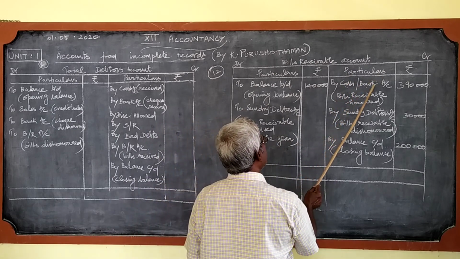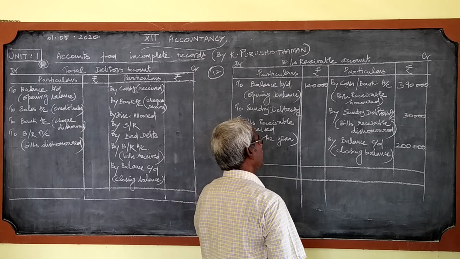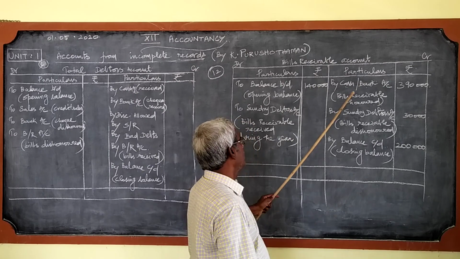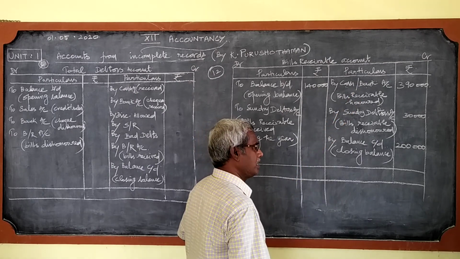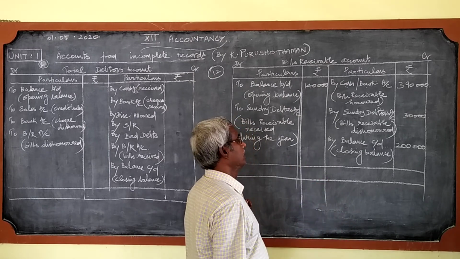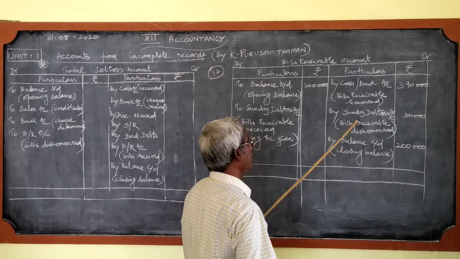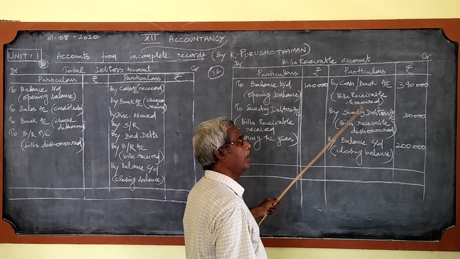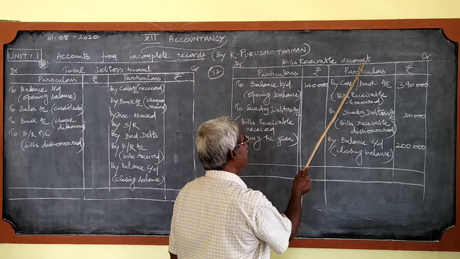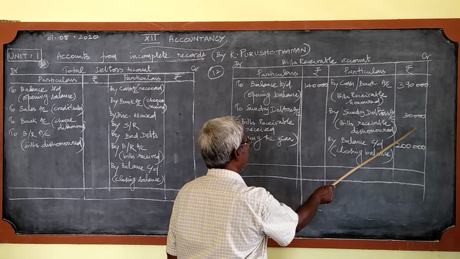This side, bills receivable honored. If the bills are sent to the bank and the bank gives the amount, then the bills receivable are honored. Once the bills receivable are sent to the bank but no amount is paid for that, we can say the bills receivable are dishonored. This is received, therefore honored. This is not received, therefore dishonored. These are the 2 items.